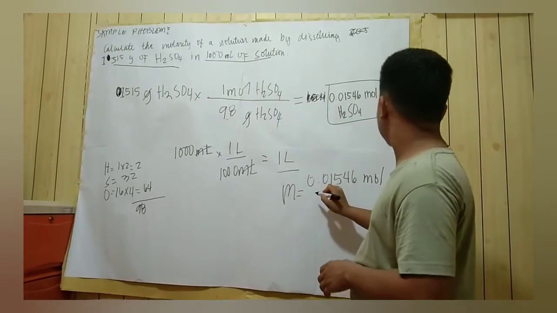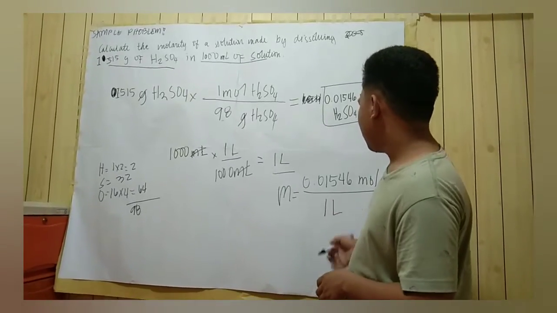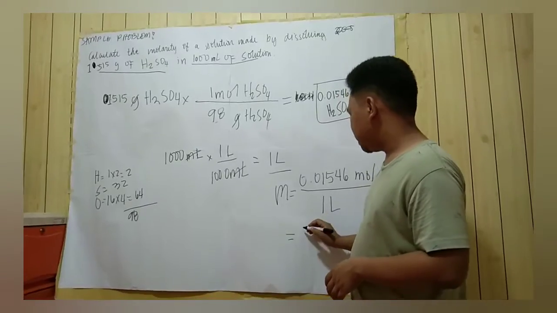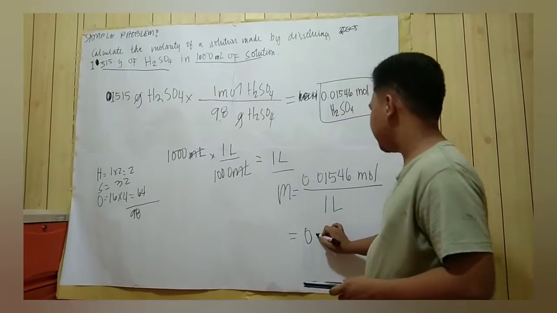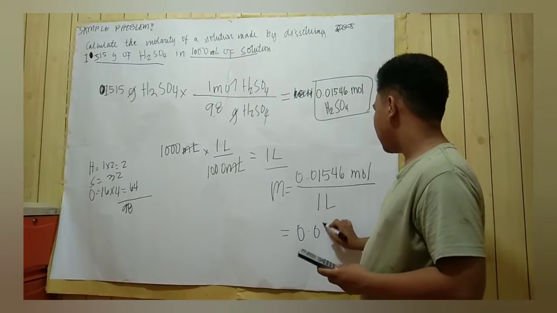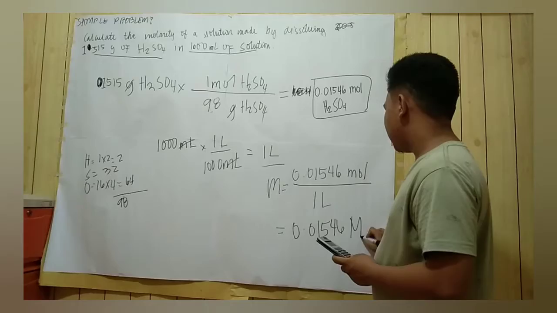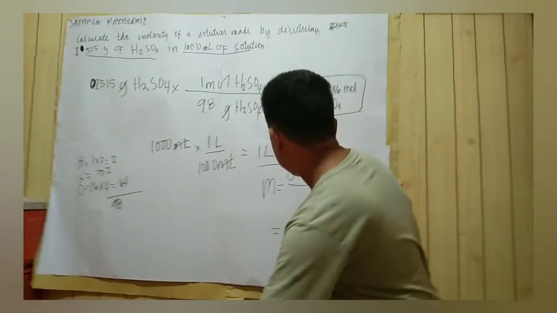0.01546 mole divided by 1 liter is equal to 0.01546 molar. We divide this by 1, so it is the same answer.